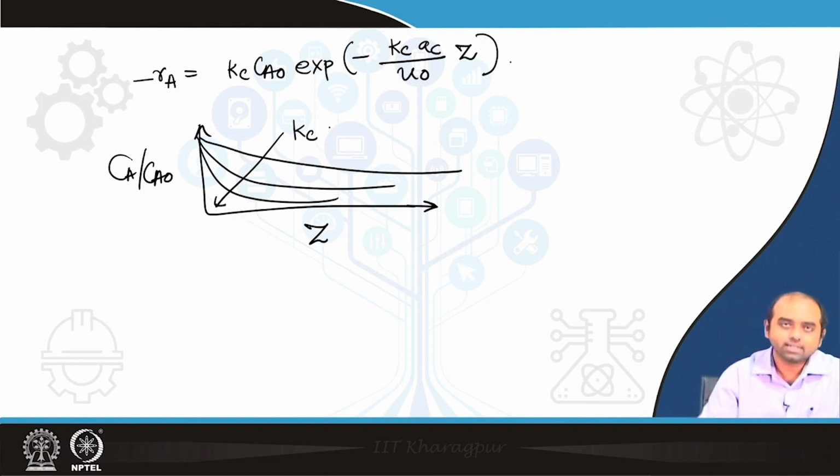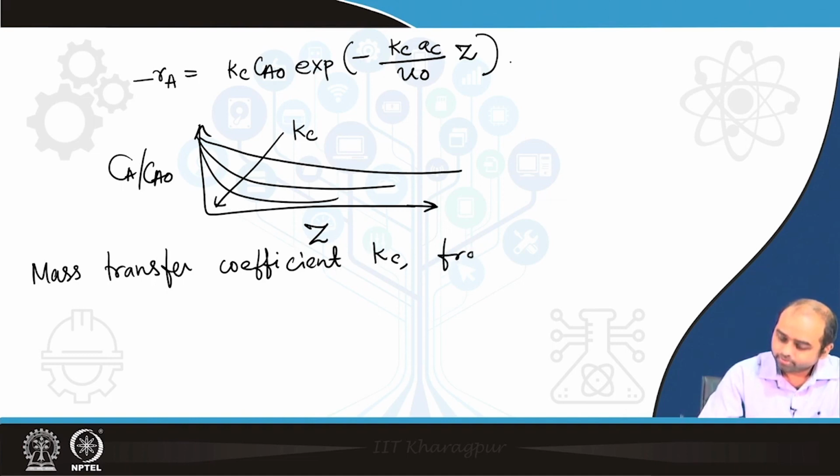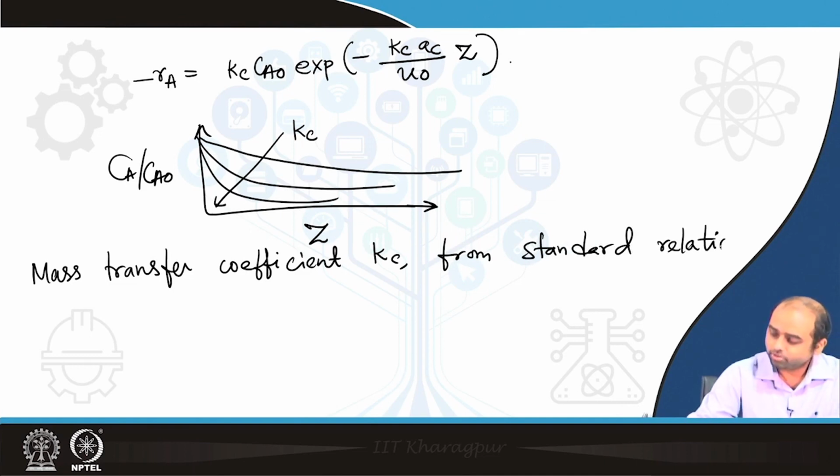And this K C, how do you estimate this mass transfer coefficient K C? This mass transfer coefficient K C can be estimated from standard Sherwood relations, and you will find several such relations in textbooks, in handbooks, in research publications.